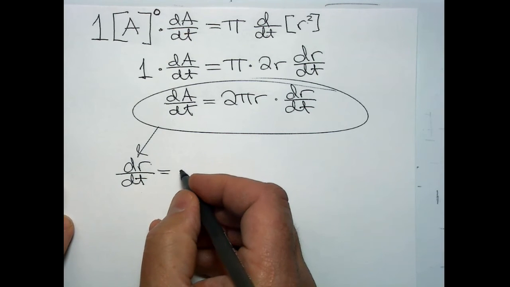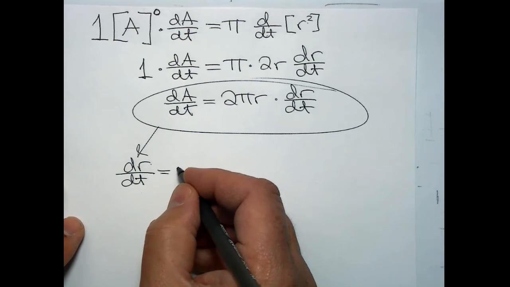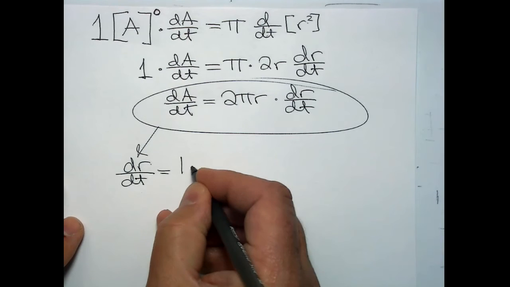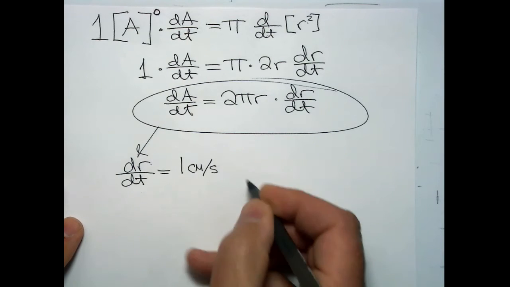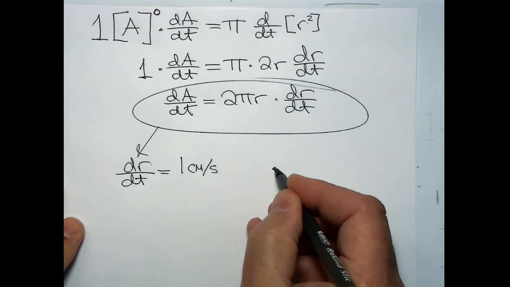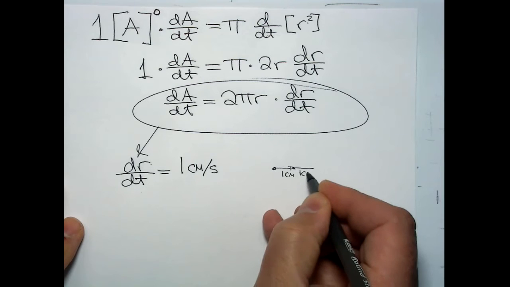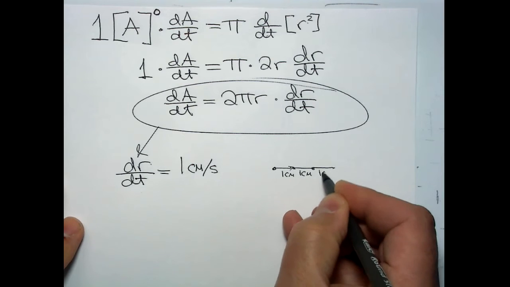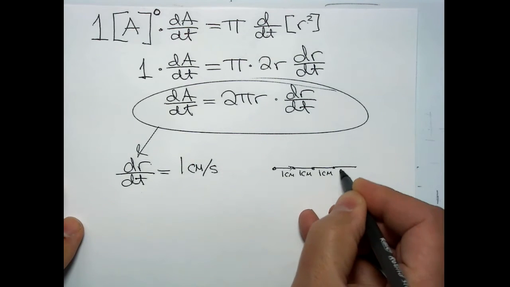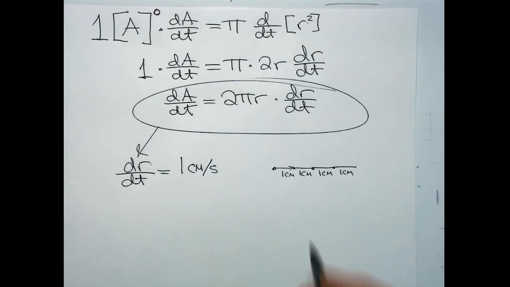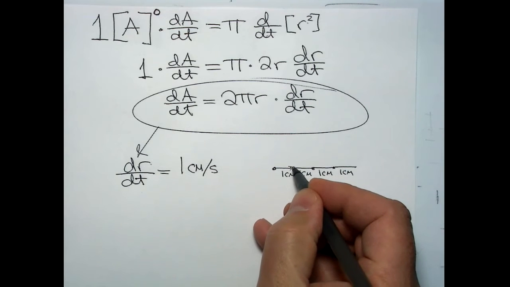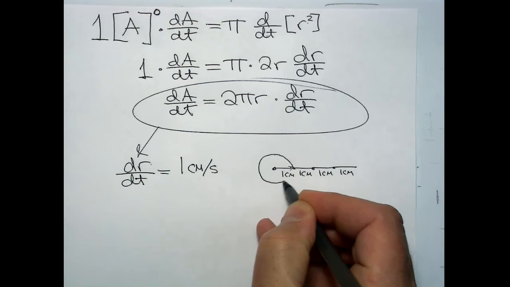And let's say the radius of the circle is growing at a speed of 1 centimeter per second. So that's what it would look like from the center. Every second we let go by, we get another centimeter. But each time you let that second go by, what about the growth in area?